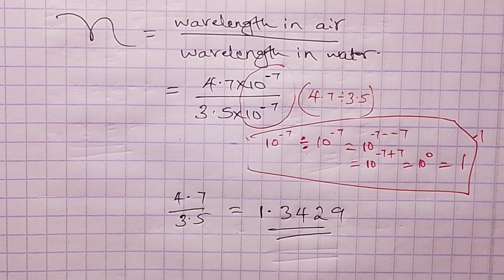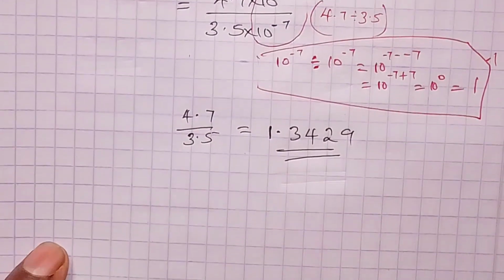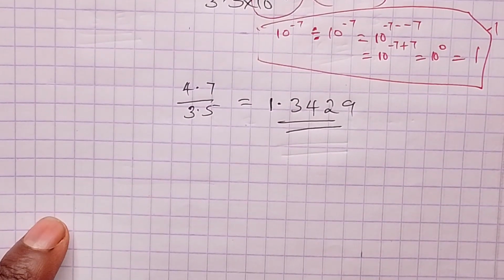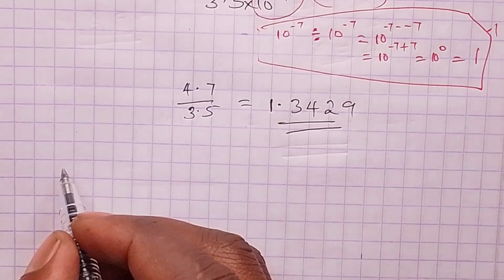After finding the refractive index, the next step is to use the refractive index to calculate the speed of light in water.